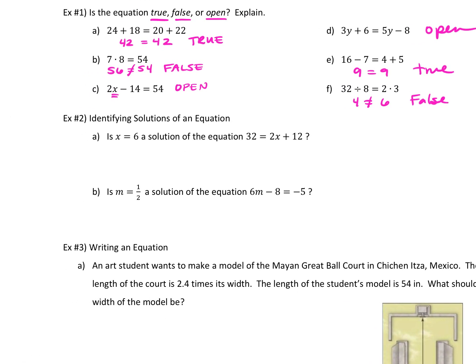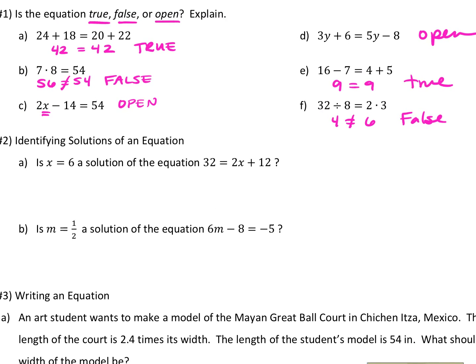Okay, so you are going to get situations where they're going to give you an open equation and they're going to say, does this work? Is x equals 6 an option, a solution to the equation 32 equals 2x plus 12? How do you check that? You plug it in.